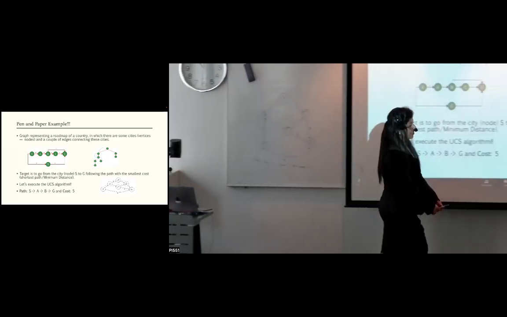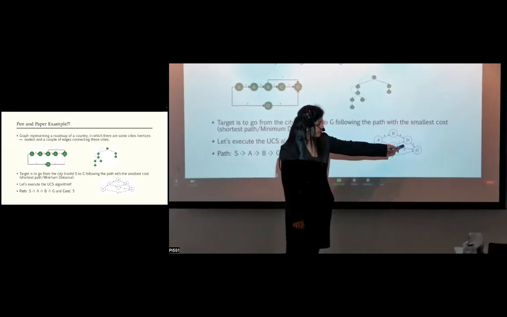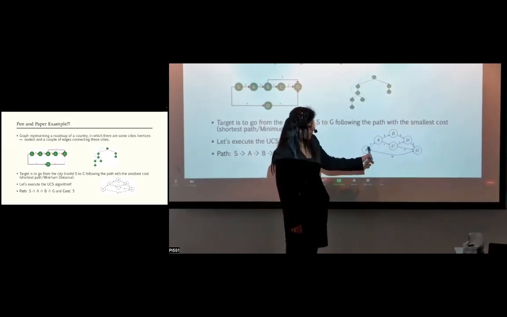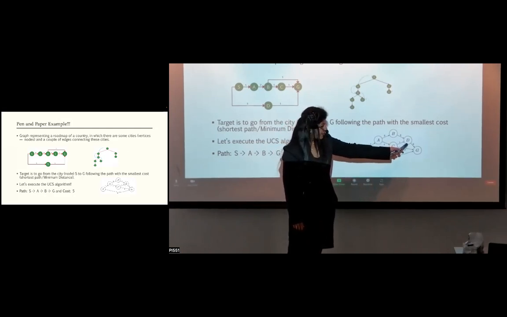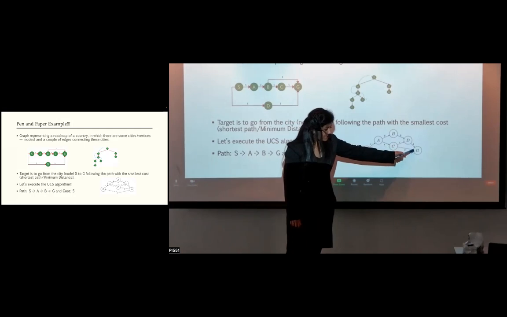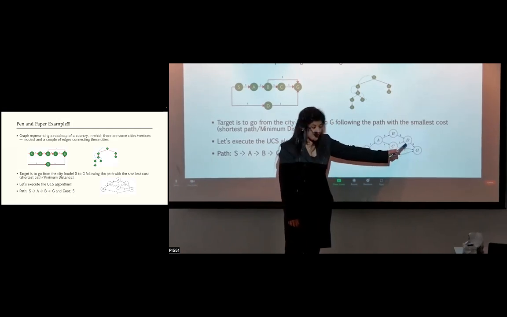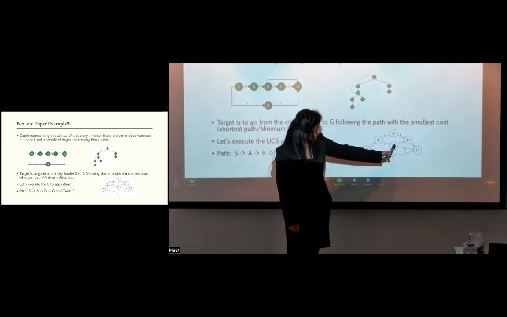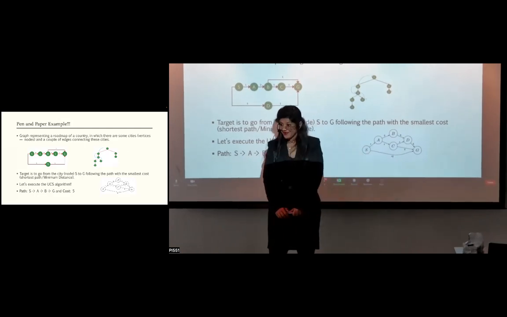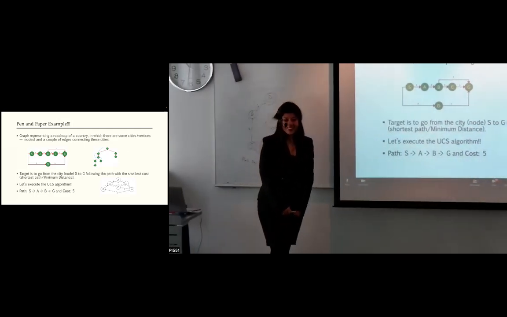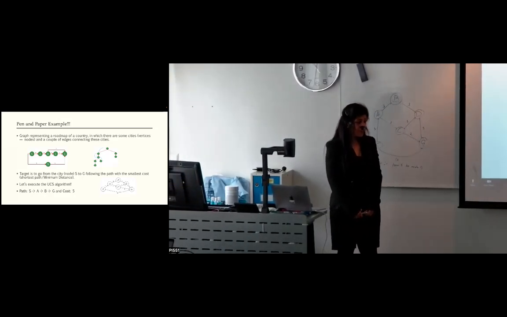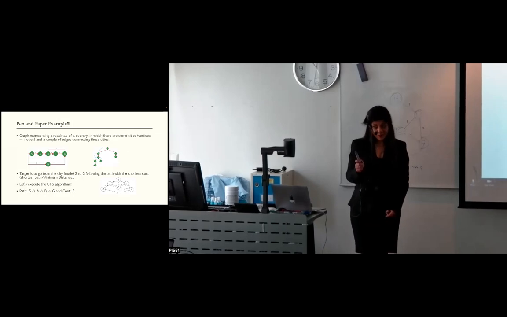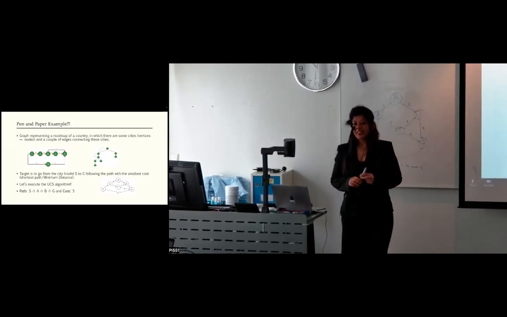You just need to see the directions. If you are going from S to A to C, C to D, and it will go down. It will go back only in one situation, where we have cost 0.